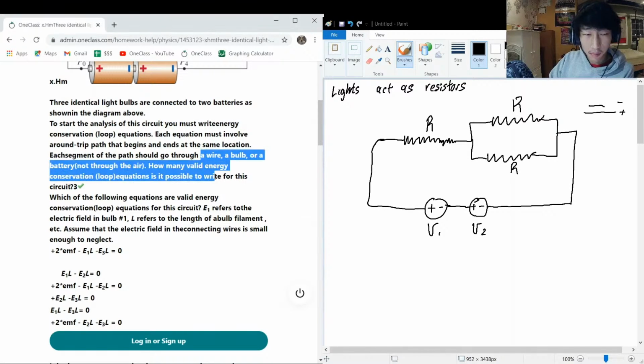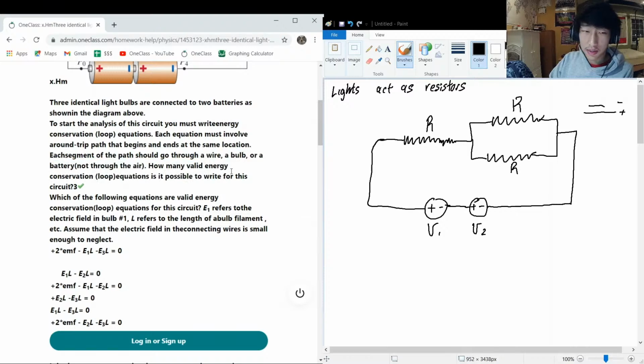Okay, so how many valid loop equations could we make for this? Let's draw them out. Actually, instead of drawing this, because it's going to get quite messy, let's give our R values numbers, R1, R2, R3, and we can just write the components that we'll see along the way.